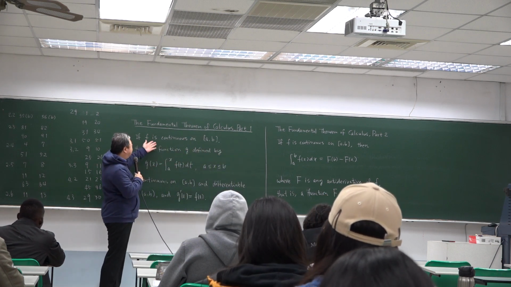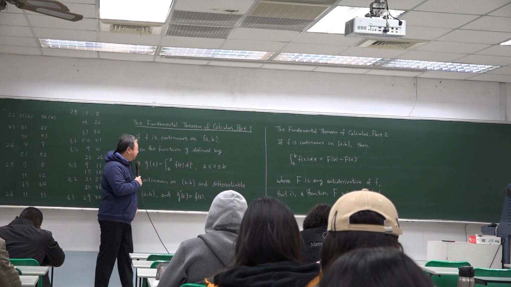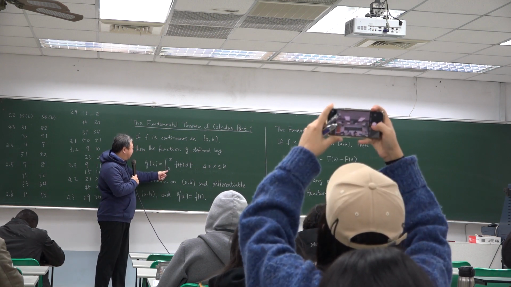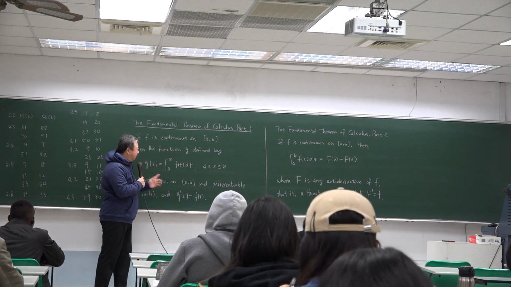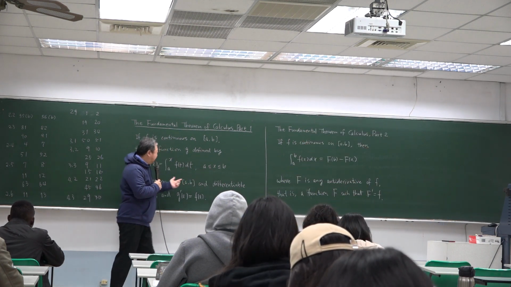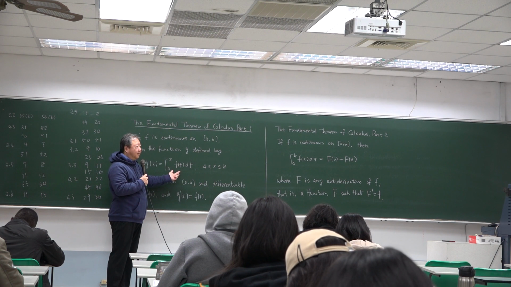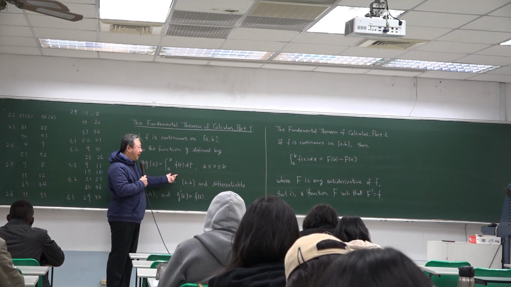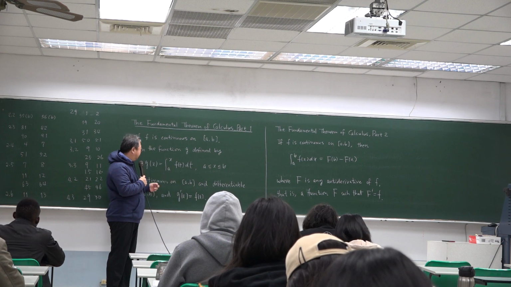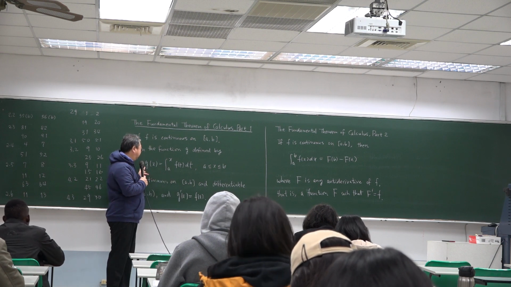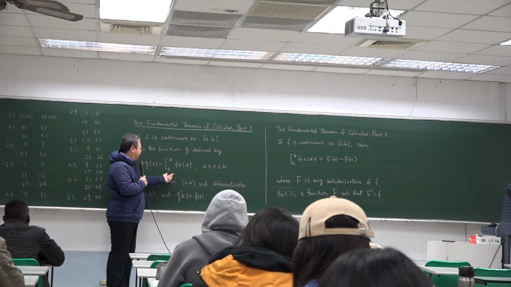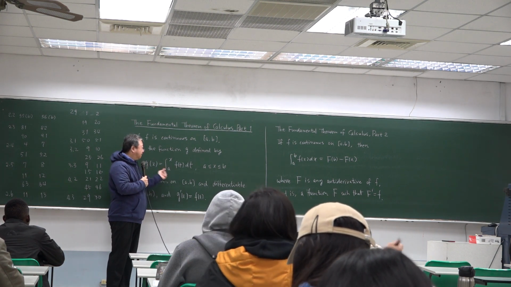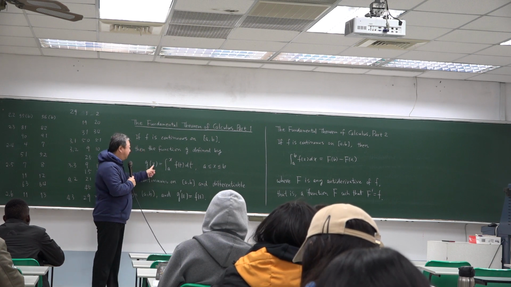If f is continuous on this bounded closed interval, then of course it is continuous on the subinterval from a to x, so this definite integral exists. Exists means the value is a real number. So the lowercase g defined by this expression is a real valued function of one real variable.